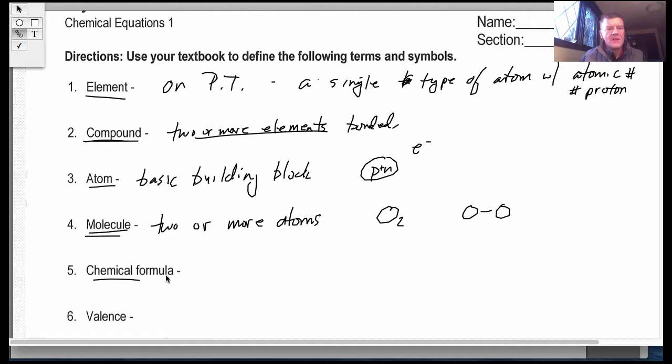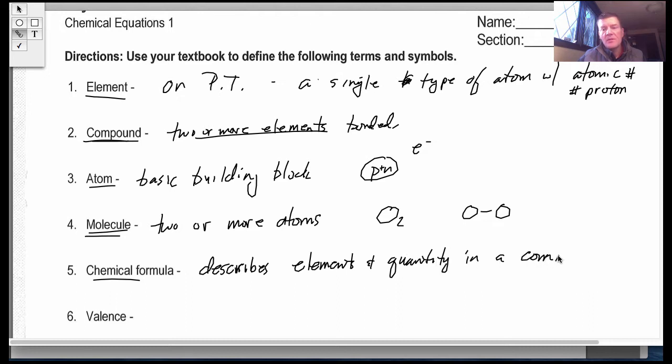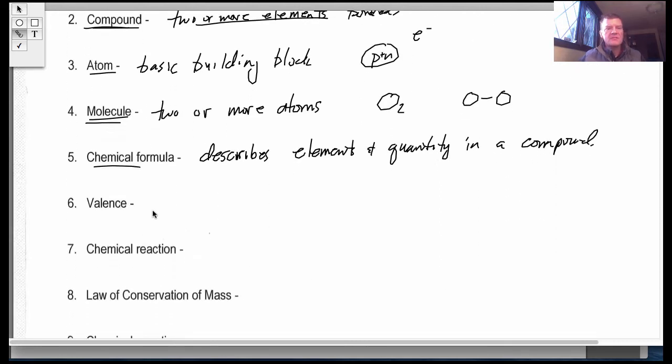Okay. Chemical formula, we use that to describe elements and quantity of those elements in a compound or in a molecule. Okay? Valence, those valence electrons, these are the outermost electrons.